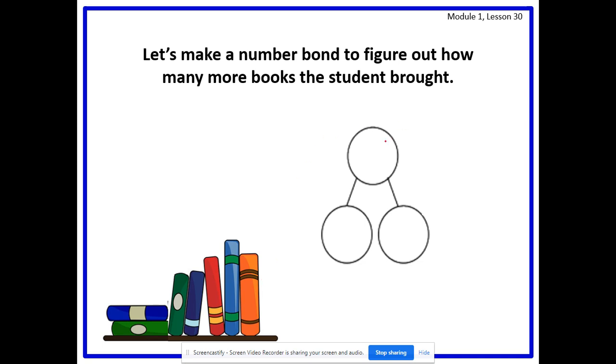Yes, 7. And remember that our whole number or total goes at the top of our number bond. And how many books did I have at first before the student brought me some books? Remember, they were the ones standing. Get ready. 5. So let's go ahead and write 5 as a part.